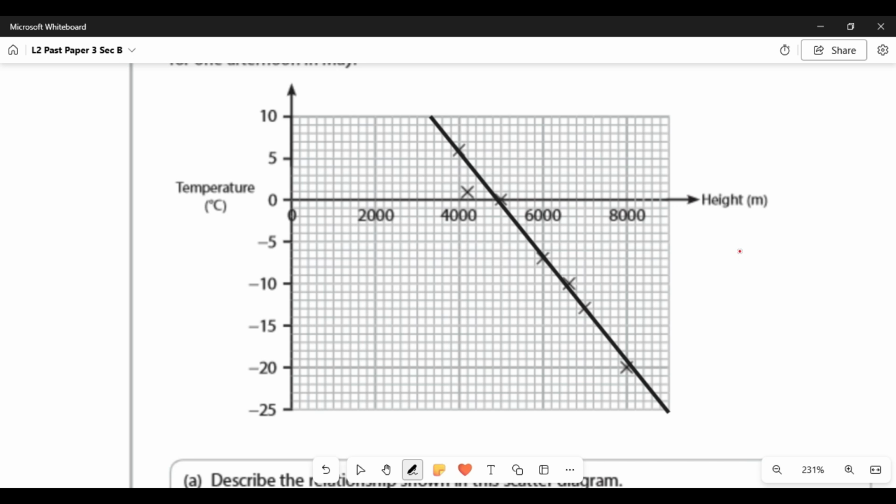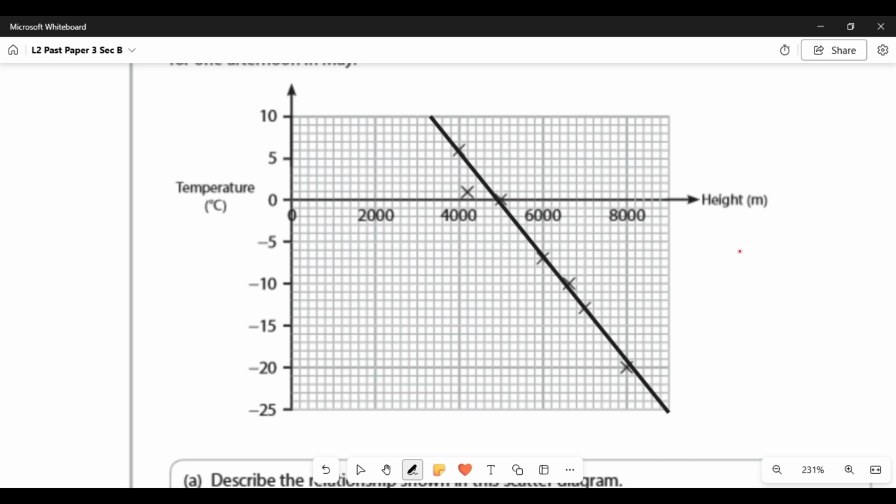So now it said Camp A was at 5,400 meters. Let me just double check these tiny little squares. 1, 2, 3, 4, 5, 6, 7, 8, 9, 10. So there's 10 little squares between 0 and 2,000.